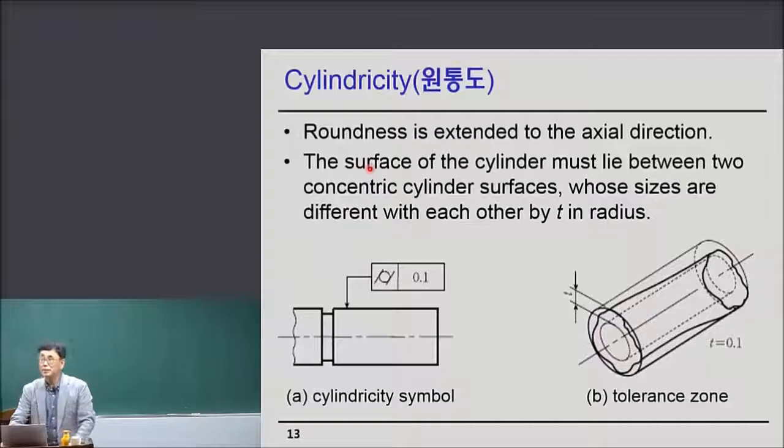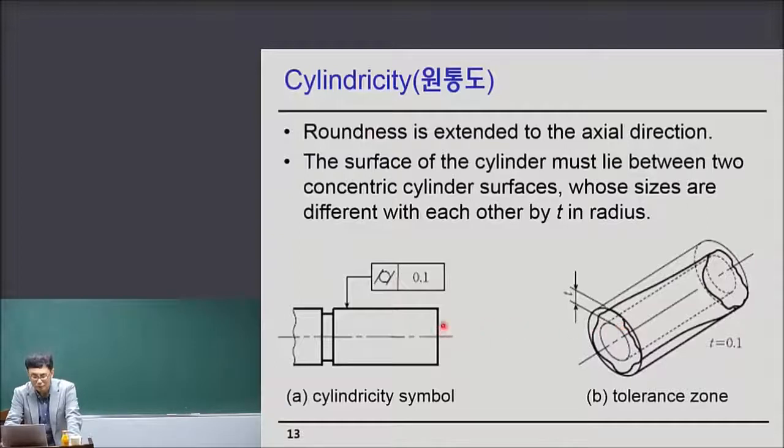The surface of the cylinder must lie between two concentric cylinder surfaces. In roundness, it is concentric circles, but in this case, it is concentric cylinder surfaces, whose sizes are different from each other by t in radius.